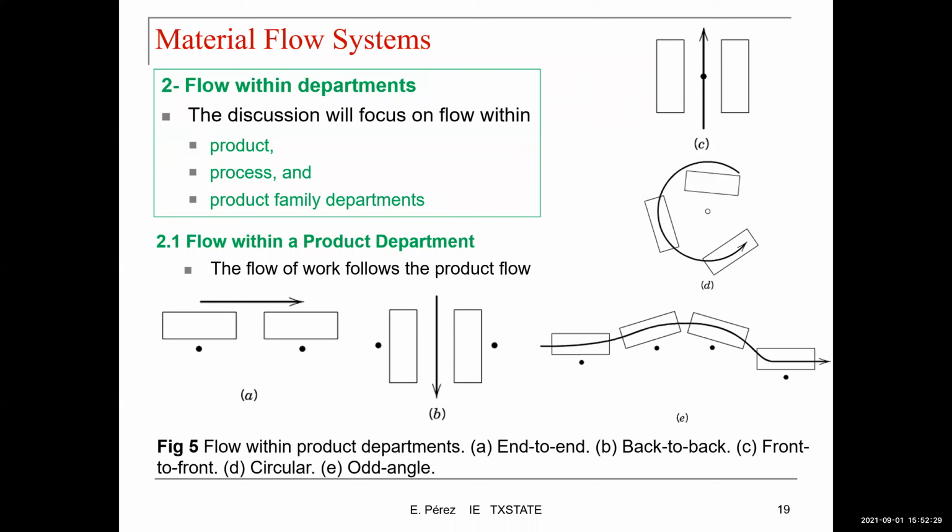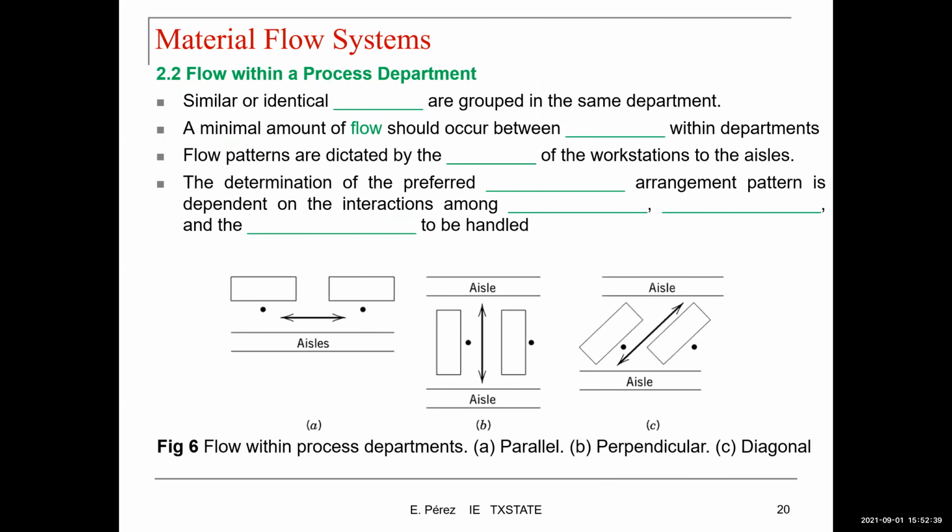So in this part, basically you start the product and you finish the product in that same department. Flow within the process department: similar or identical machines are grouped in the same department.